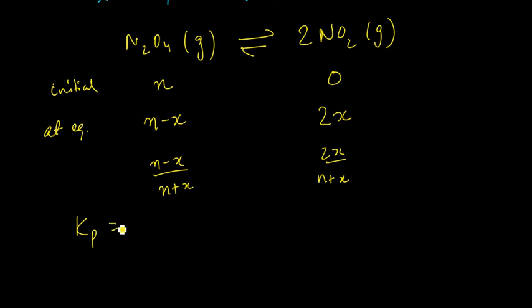The value for Kp would be the partial pressure of NO2 squared divided by the partial pressure of N2O4.